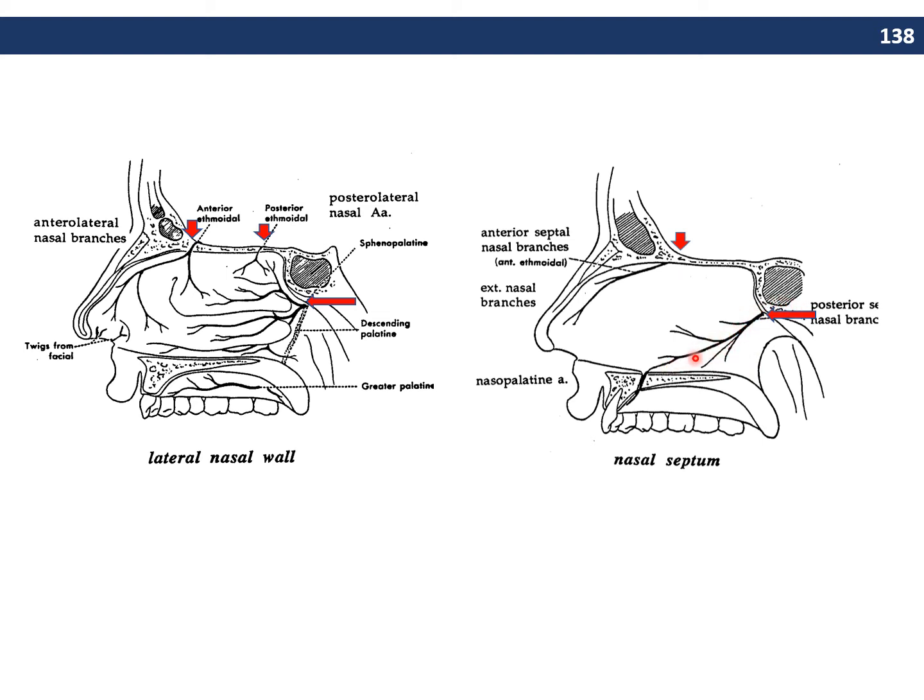These come off of the sphenopalatine artery. Terminating off the posterior septal branches is this extension that goes through a foramen called the incisive foramen. And so this branch that goes through the incisive foramen is the nasopalatine artery.